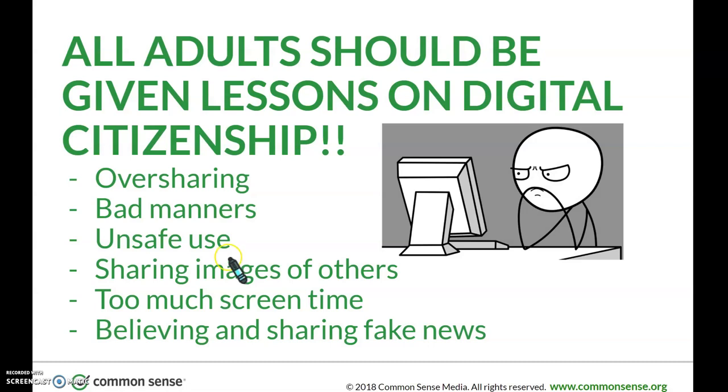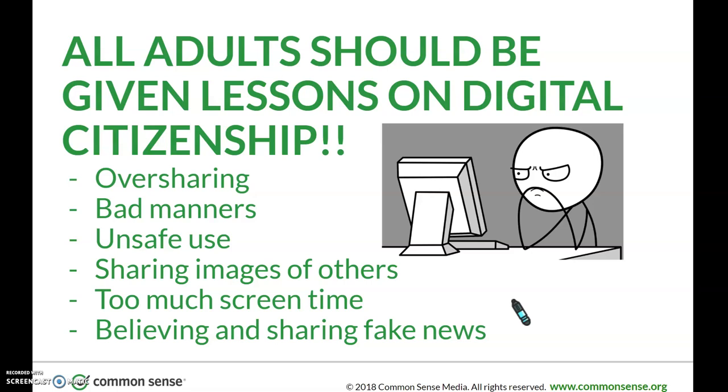So some things that adults do: oversharing, bad manners, unsafe use, not being careful with their passwords, sharing images of others without permission, spending too much time at a computer, and believing and sharing fake news. So these are all mistakes that adults make, and that's why everyone should know about digital citizenship.